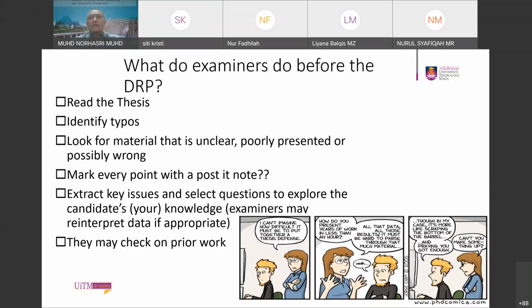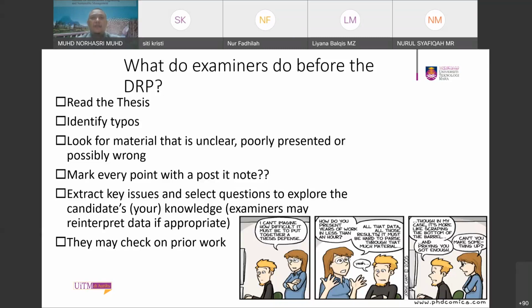Okay, make note. So that's why I always say to my students, prepare yourself as a panel. During your preparation for your DRP, you yourself are also a panel. So keep asking yourself, what are you doing now? During my PhD proposal, I always put a question mark every time I prepared my thesis report or journals.